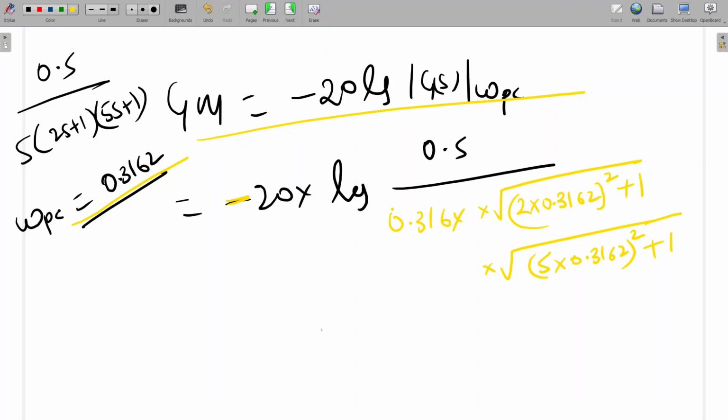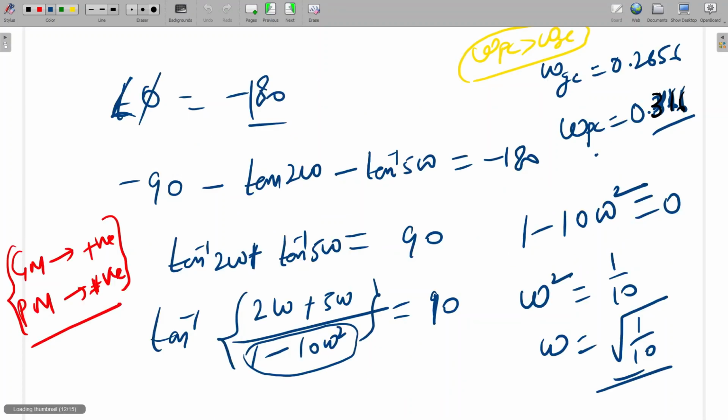How much? 2.9 dB we are getting. Is it correct? All of you can use a calculator and tell the value. 2.91. So our gain margin is 2.91 dB, and phase margin is as calculated.